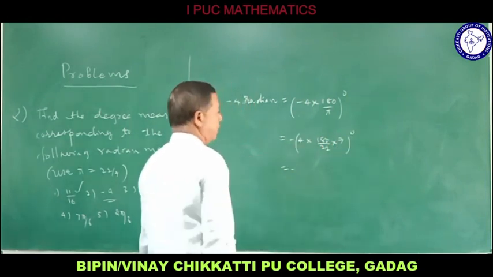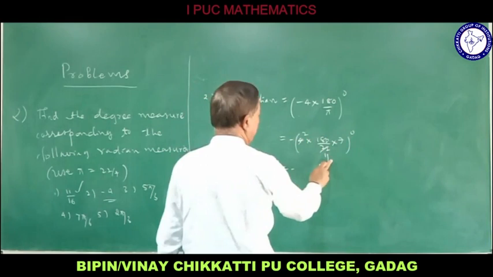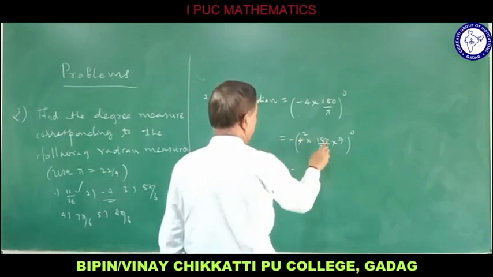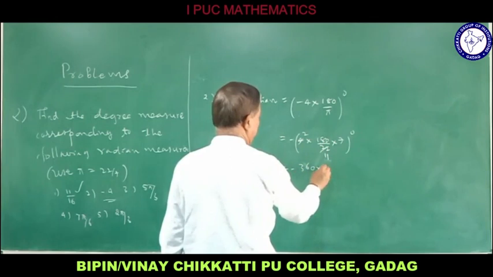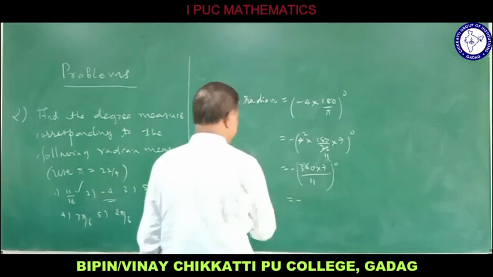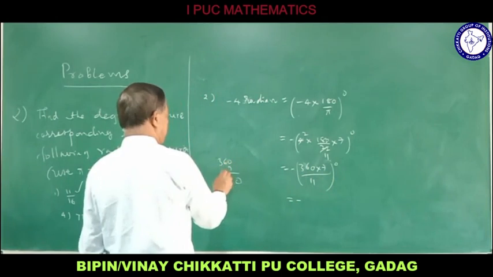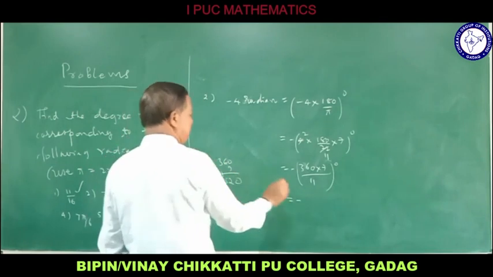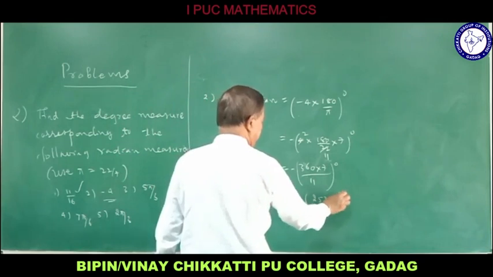So keeping the minus out, 2 11s are 22, and here you have to multiply: 2 8s are 16, and 360 into 7 divided by 11 degrees. So you have to multiply 360 into 7, which is 2520, 2520 by 11 degrees.